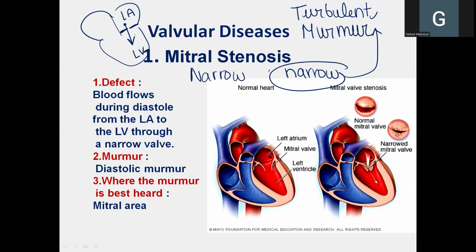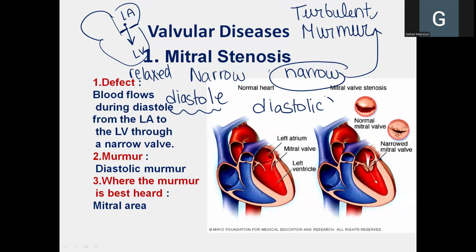Since this murmur occurs during passage from the left atrium to the left ventricle, when the left ventricle is relaxed, meaning in diastole, the murmur will be heard during diastole, and it will be a diastolic murmur. It's worth noting that this murmur is diastolic. Where is it best heard?